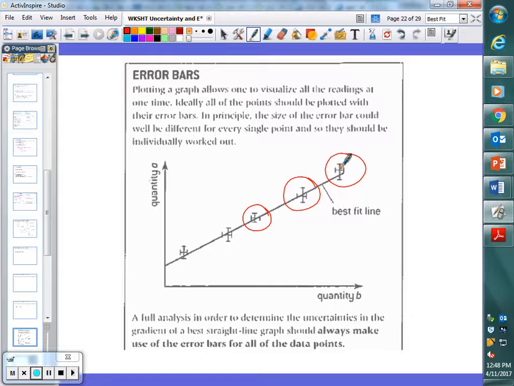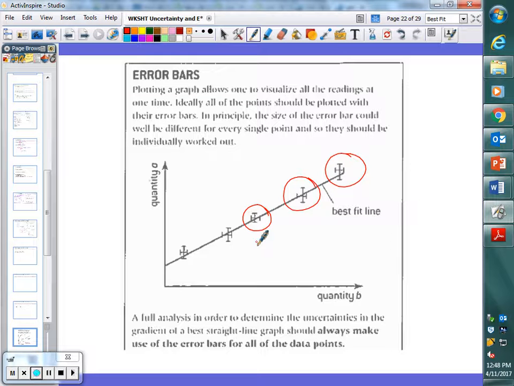So I don't see how you could have error bars that are different lengths unless you were using different measuring tools each time, like if you used a different ruler to measure this dot versus this dot. I would say in most cases you should have the same error bars.